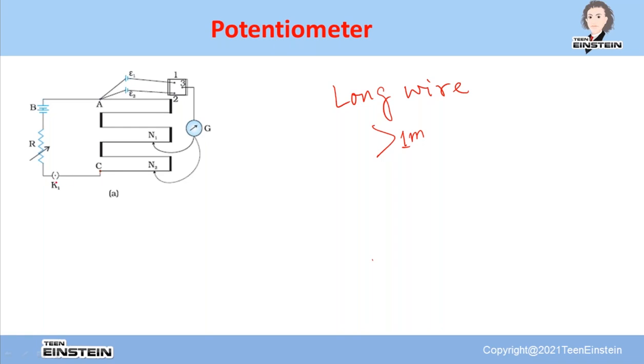One end of the wire is connected to the key, and that key is connected to the rheostat, and through the rheostat it is connected to the negative terminal of the battery, and another end of the wire is connected to the positive terminal of the battery.